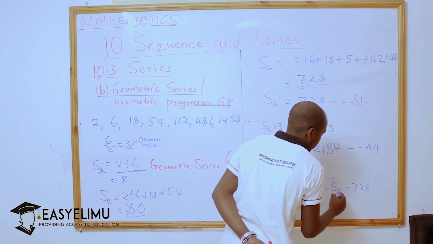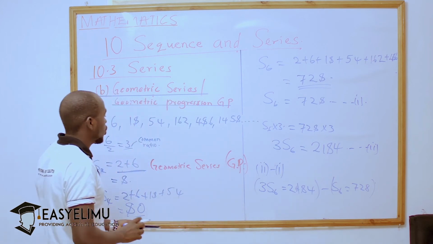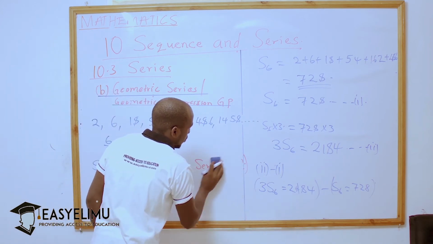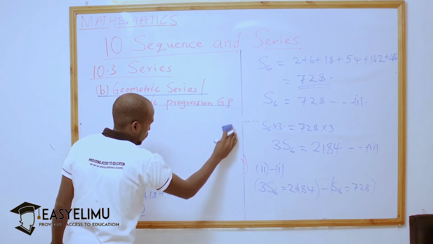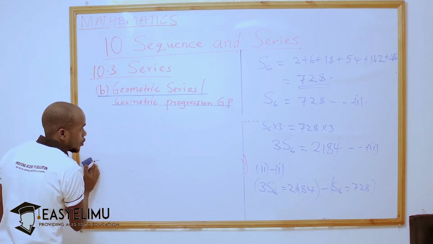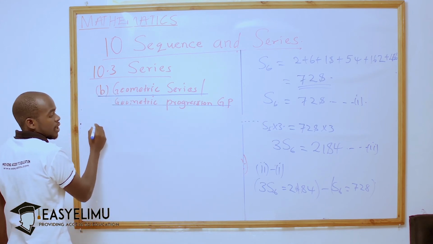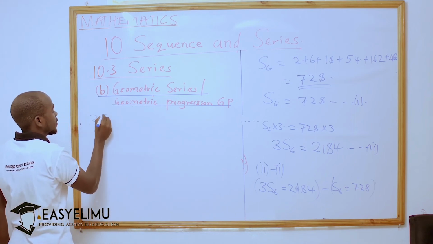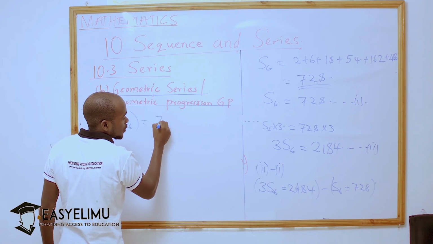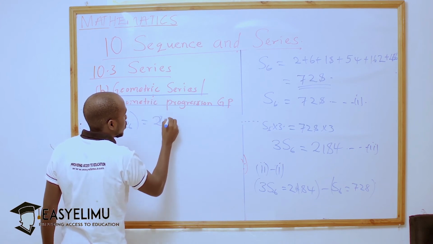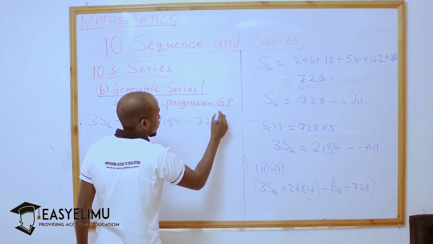Taking the like terms, we have 3 S6 minus S6 is equal to 2184 minus 728.